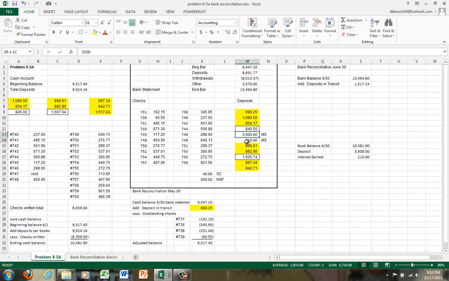So we've now dealt with the 3,500 and the 210. They were on the bank statement for June, and now they're on our bank reconciliation.